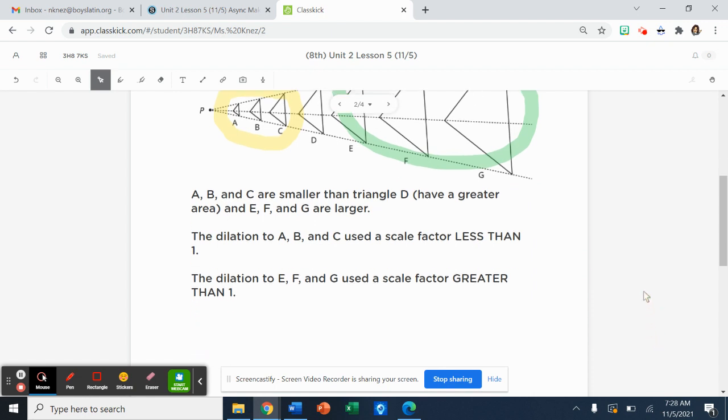And I know this is something we've talked about already, but it's just important to note that when the scale factor is larger than 1, you know the shape is getting bigger. And when the scale factor is smaller than 1, you know the shape is getting smaller. So if you want to get these notes down, you can pause this video. And I'm going to introduce activity 2, but on slides 3 and 4, and you'll do that independently.